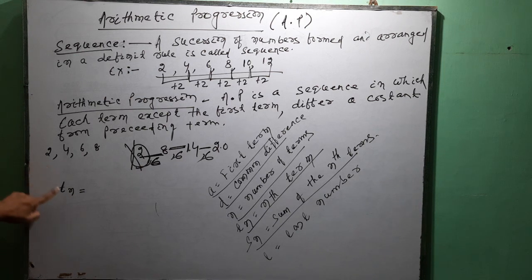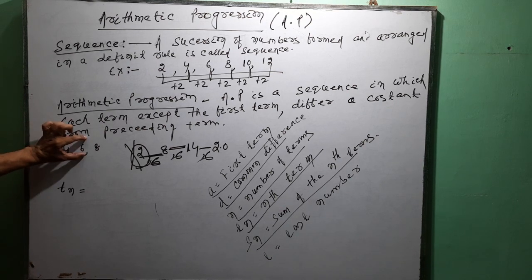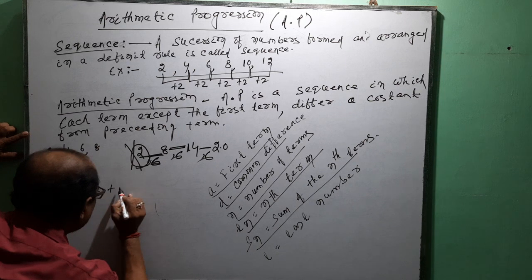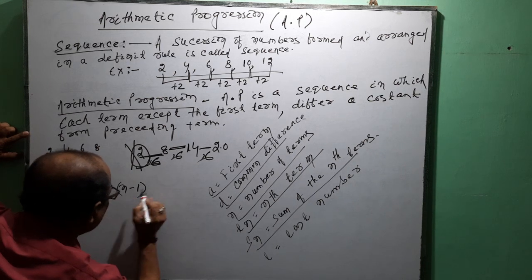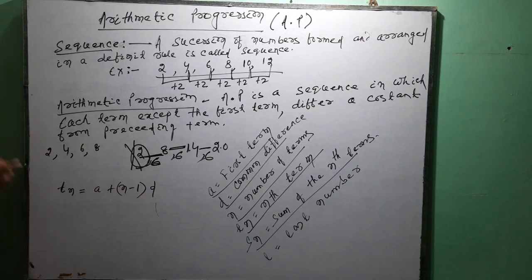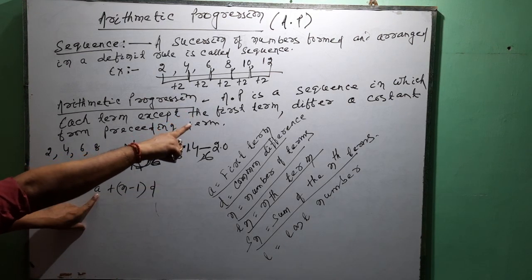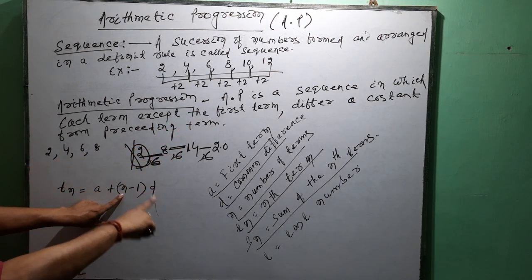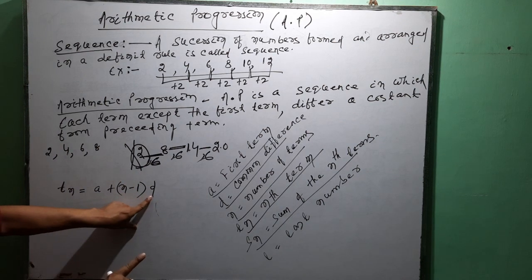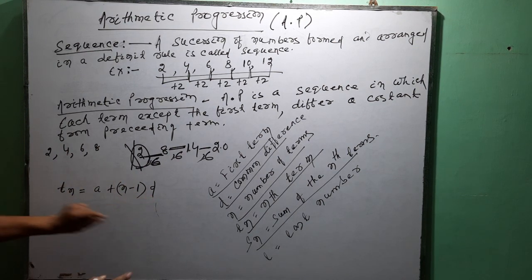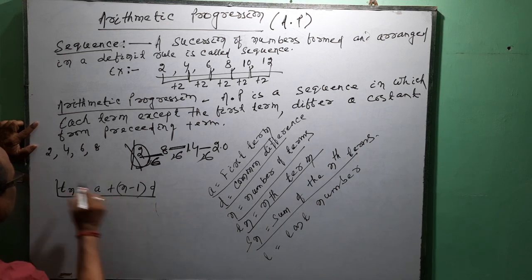First term 2, second term 4, third term 6, fourth term 8. Each one is a term. So Tn is a plus n minus 1 whole into d. Here a is the first term of the arithmetic progression, n is the number of terms, and d is the common difference. It is the formula of Tn.